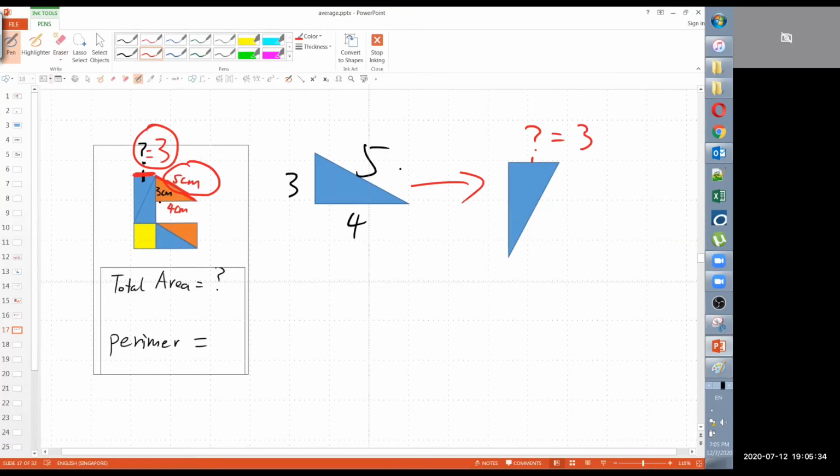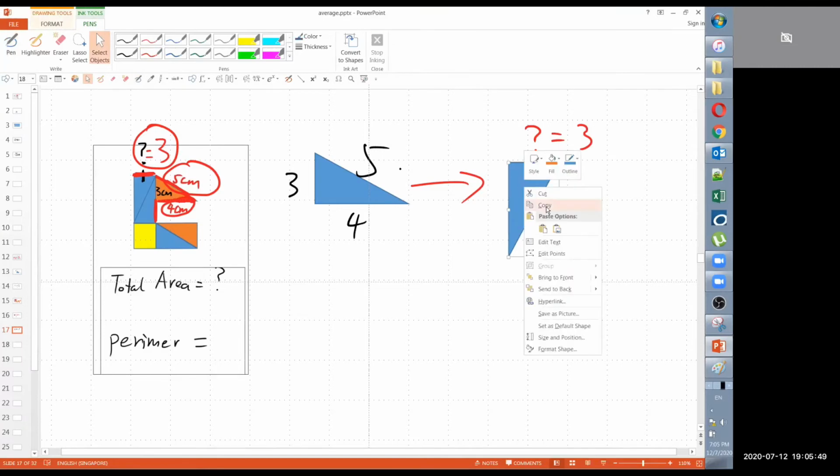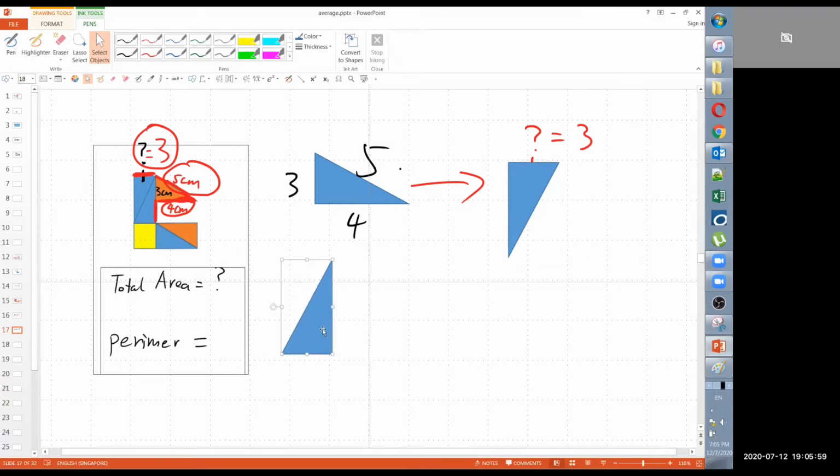Then this part? What's this part? How do you do this part? You do it like this. Get this one, turn it around. Turn it around.